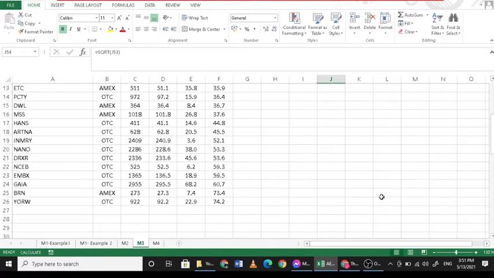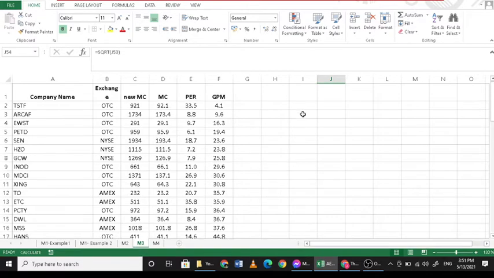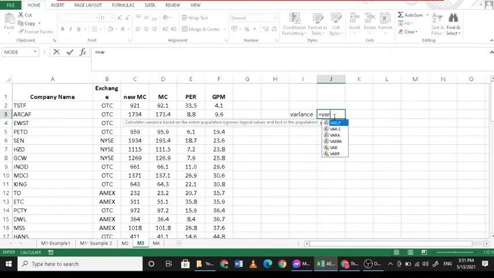Next, if you want to do this automatically, you can also do that. For the variance, this is simply equal to VAR.S, since it's for the sample, then you select the values.